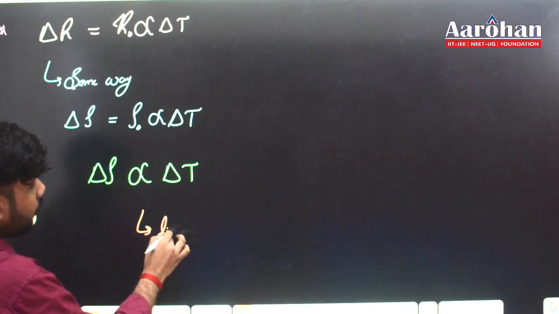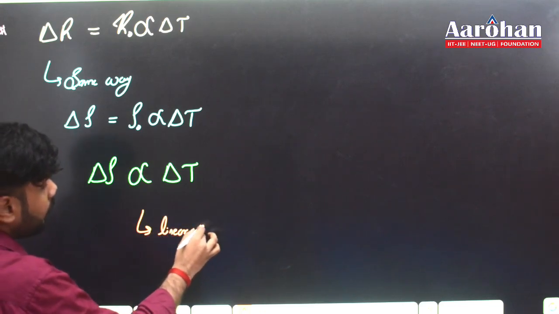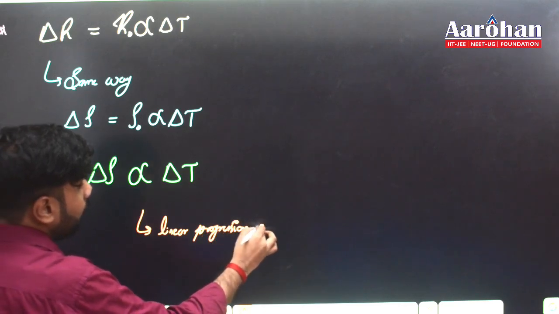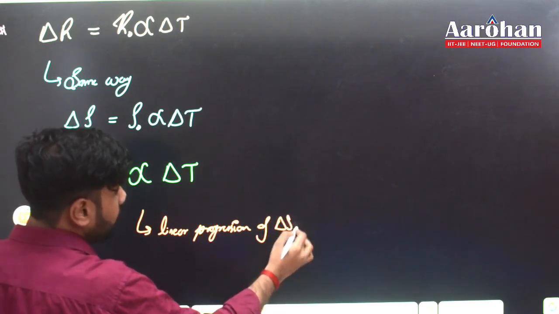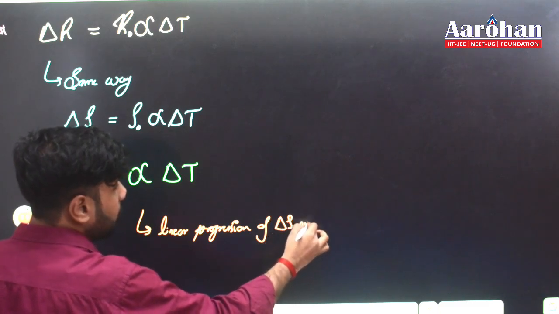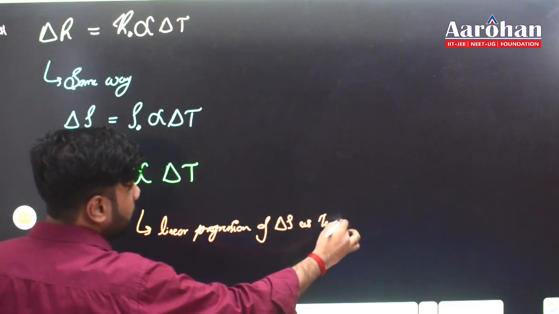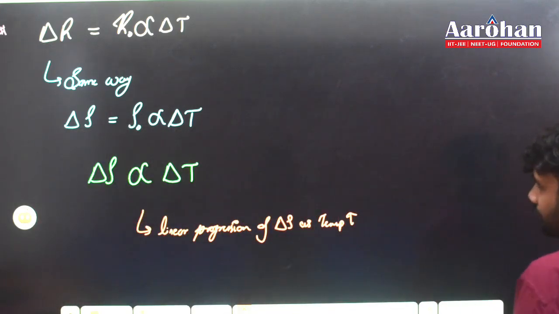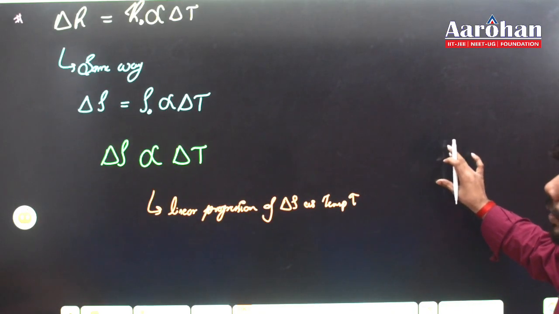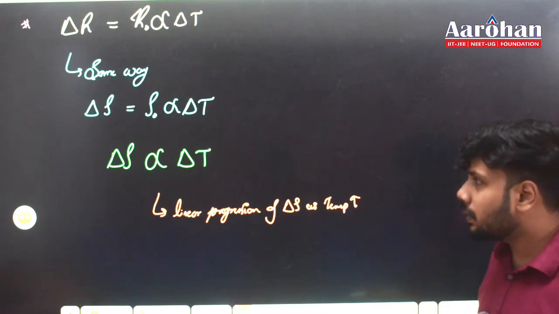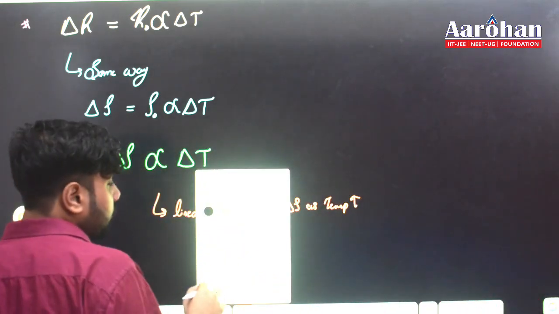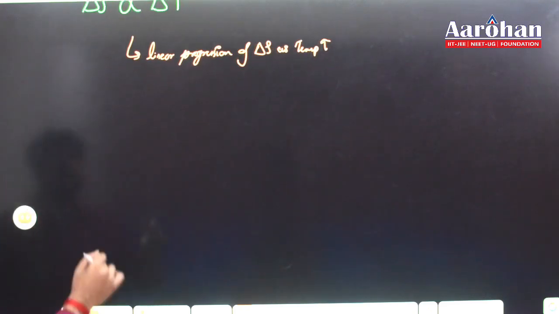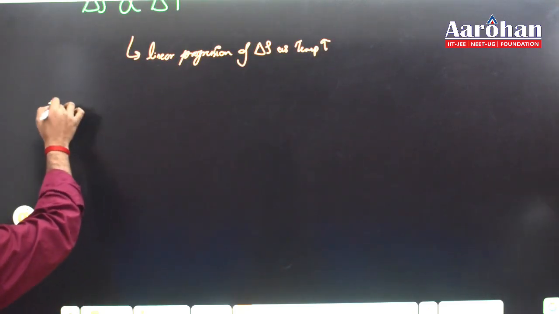It gives you the impression that there is a linear progression of change in resistivity as temperature increases. And that is what we have to discuss: how the resistivity versus temperature graph looks. That is a very important graph, you need to understand, right?